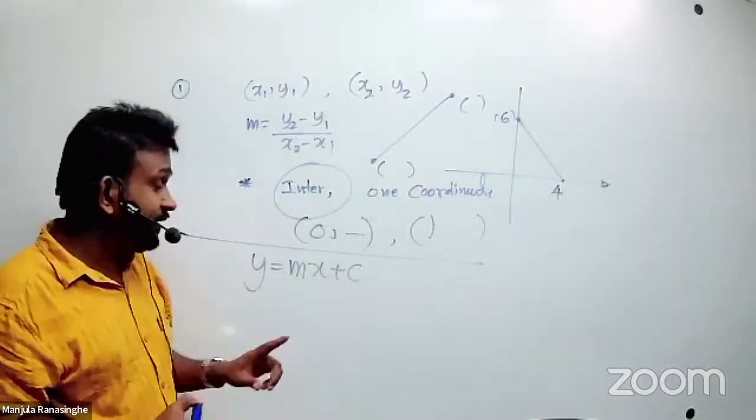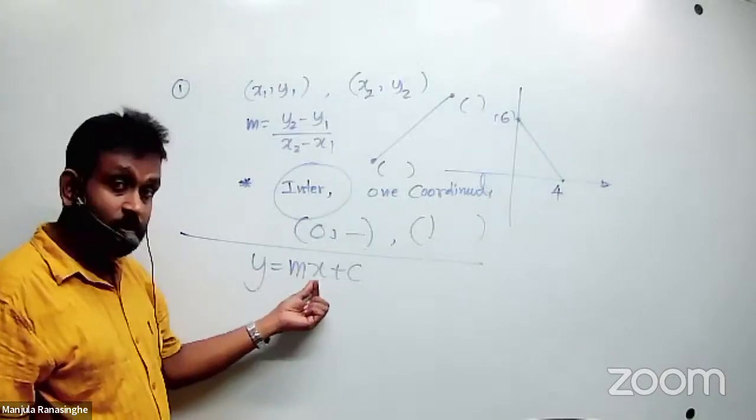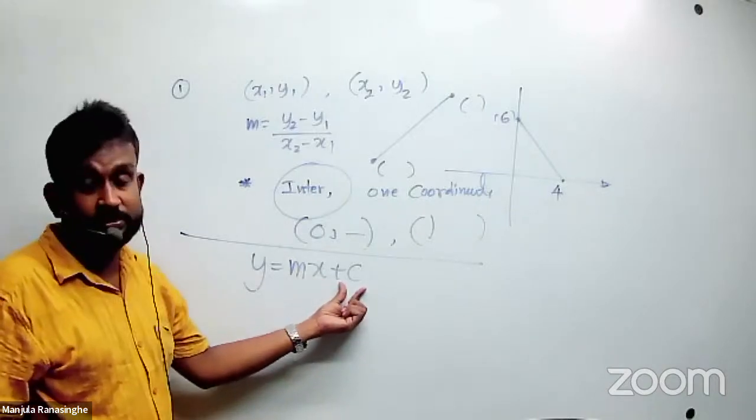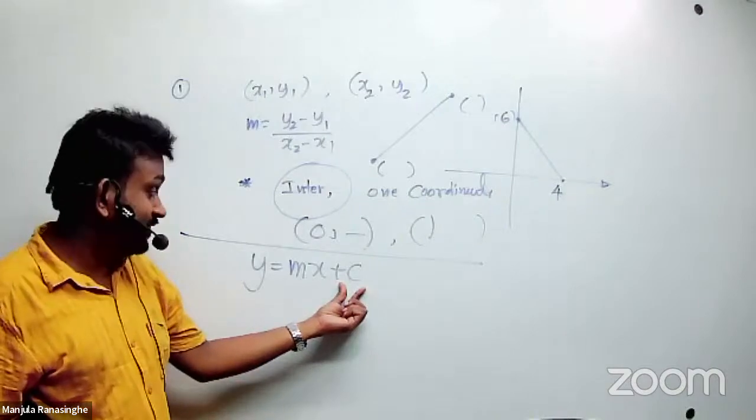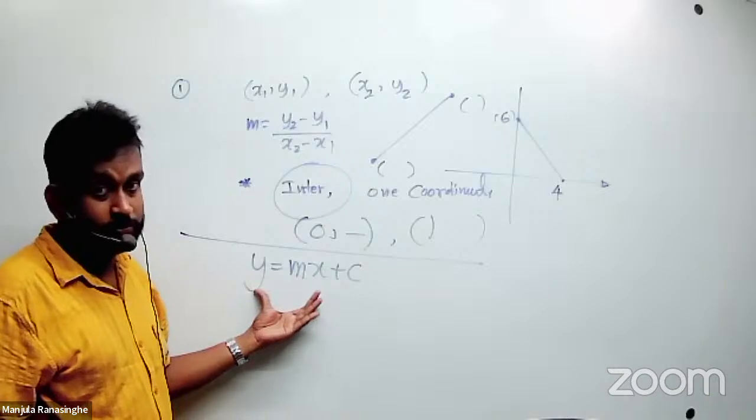I told you the equation has y as the subject, then the x coefficient is the gradient and the other constant is the intercept. Then you know how to deal with those equations.